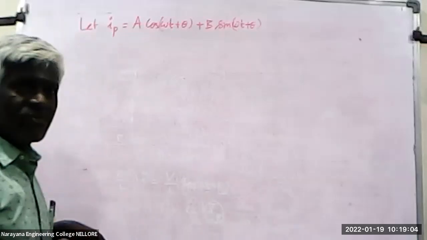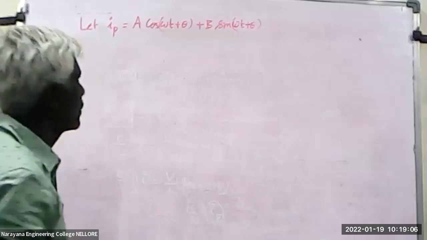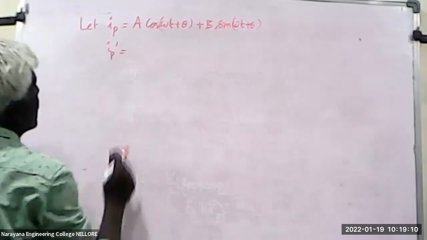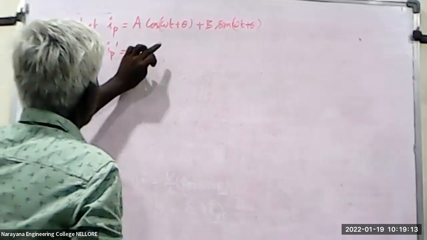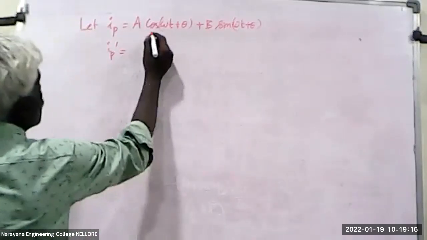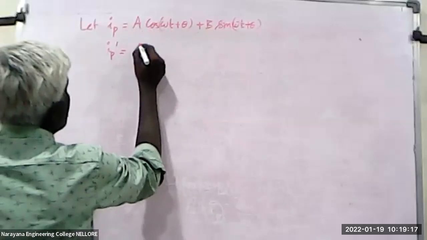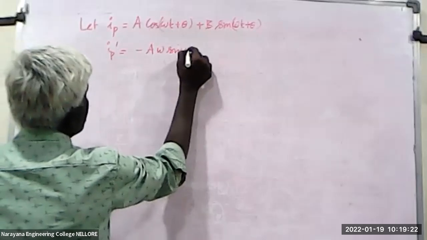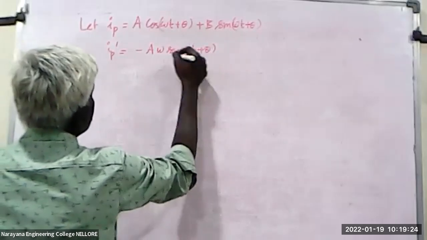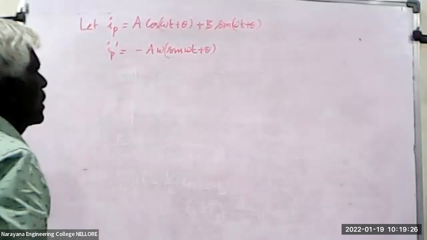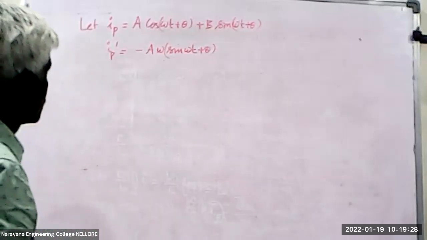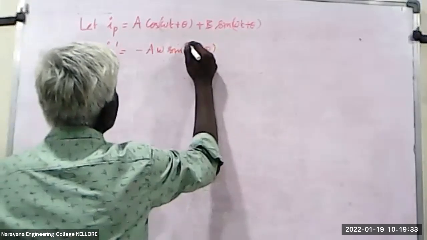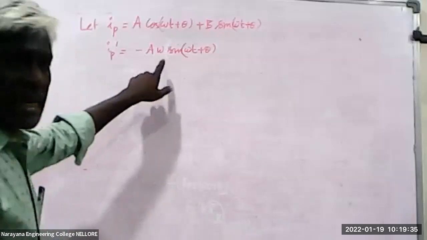Now what do I want? I want the derivative of current, right? We have seen d by dt. So I take the derivative of that one. I differentiate this, okay? So when we differentiate this, what do we get? Minus A ω sin(ωt + θ), correct?